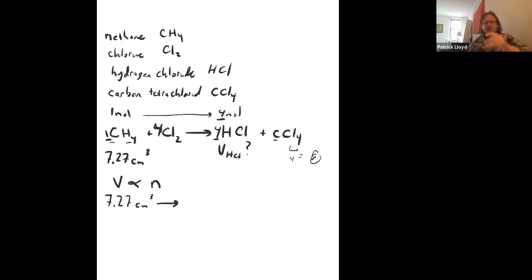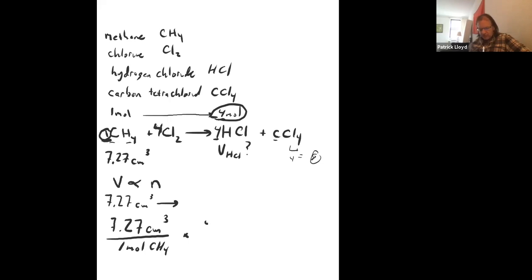So here's a more systematic way to do it. What you would say is, here's your coefficient. It's 7.27 centimeters cubed per 1 mole of methane, right? That's what we were told. Balanced equation, 1 mole. Okay. Now what I'm going to do is multiply it by 4 moles of HCl per 1 mole of CH4.